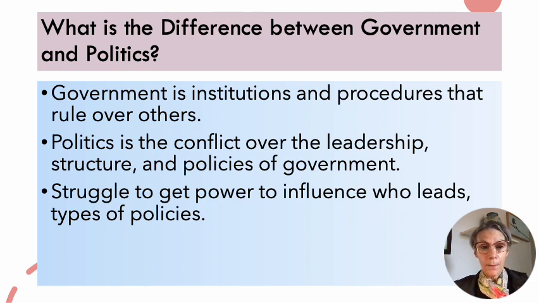If you're in a party that doesn't have a lot of power, you're not going to be able to get those people elected. And people who vote have more political power than those who don't vote because they're participating in the process. It's those who struggle for power, get out there and vote and elect people, who really do have authority over who's going to lead us and the types of policies that are going to be implemented.